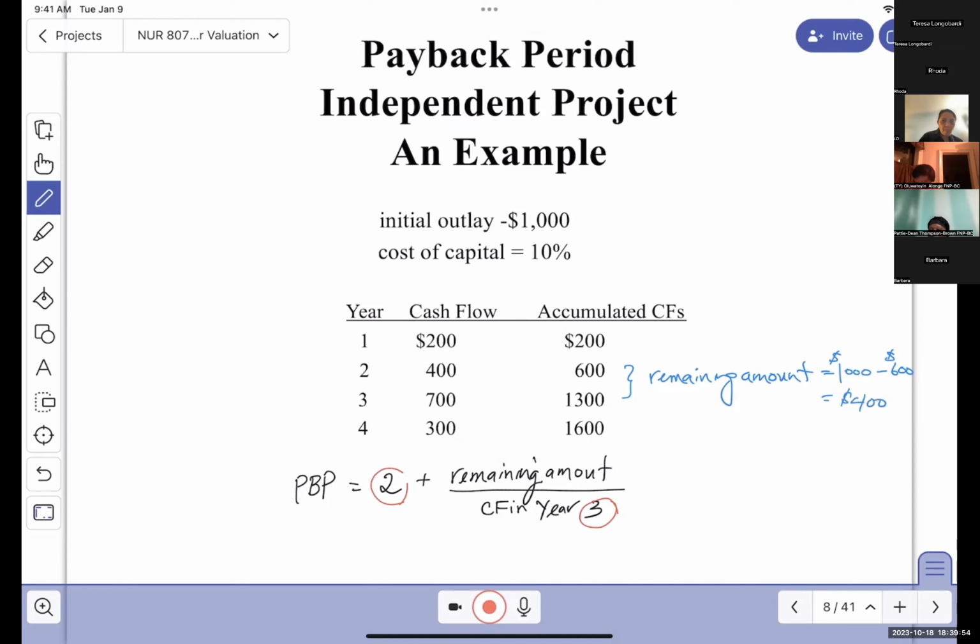Everyone okay with that? So we need $400 more to recover our cost.